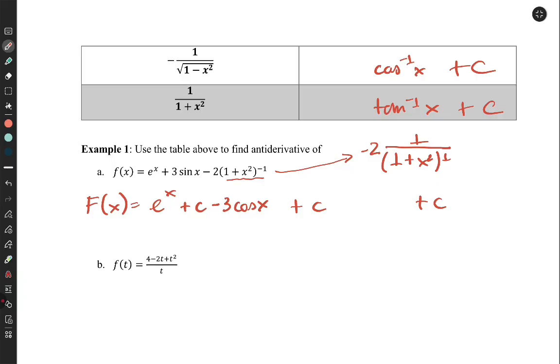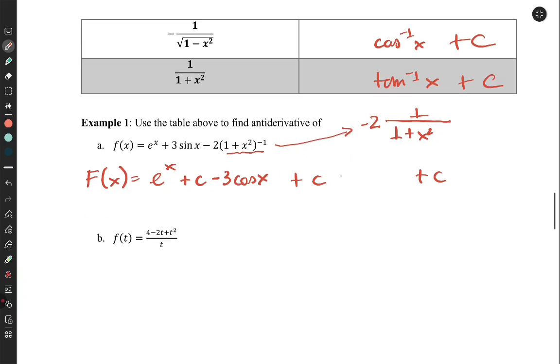That power 1 is just 1. Nothing. Right? I can erase that power 1. Right? That's just inverse tangent. Yep. Antiderivative.